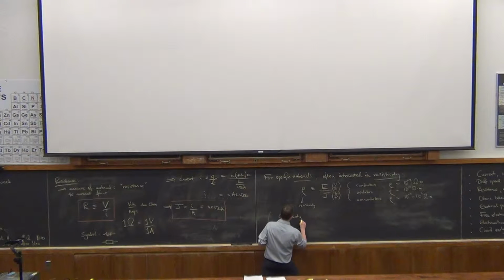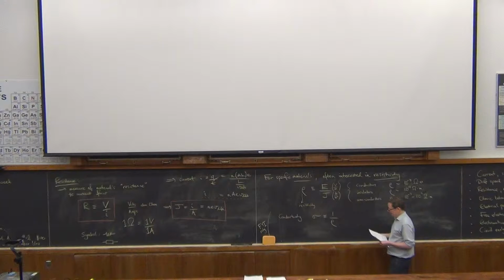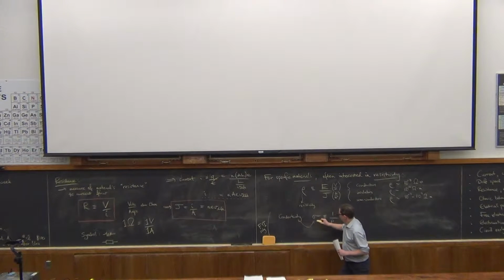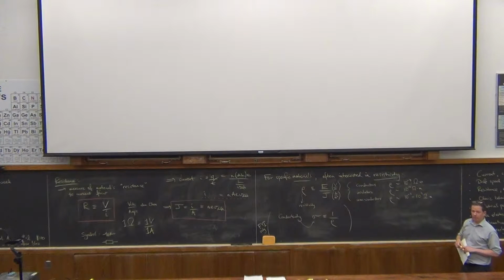This is simply an FYI only. And conductivity is defined as the inverse of resistivity. Okay? So just to be confusing, this now is the conductivity and it's 1 over the resistivity. So I'm not going to use that, but some of you may come across instances where conductivities are defined.